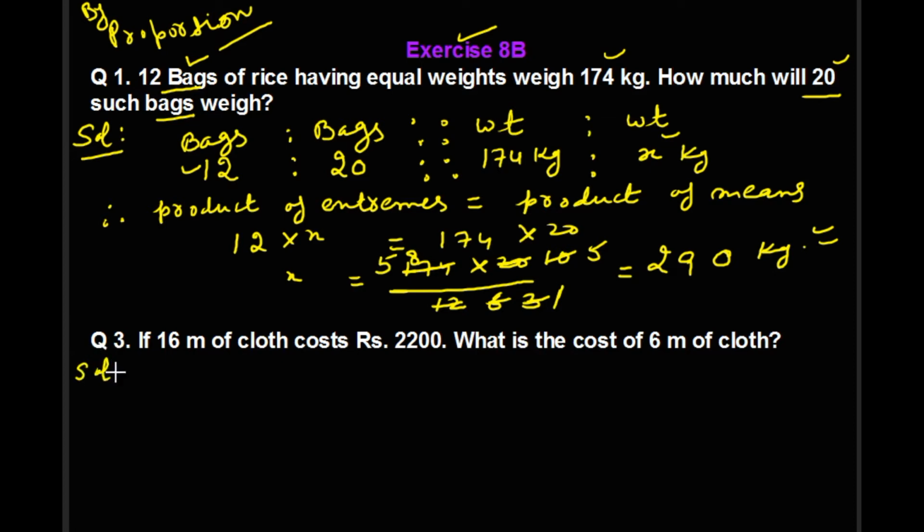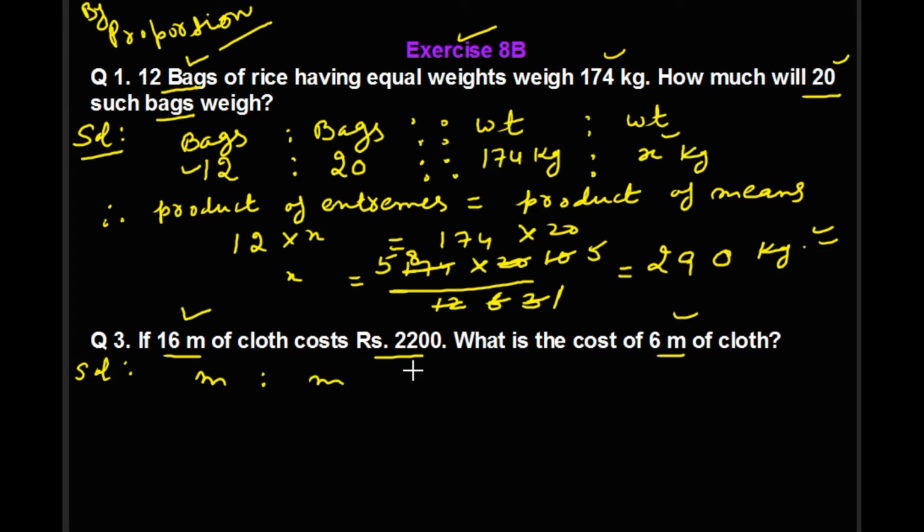Now we will move on to question number 3. If 16 meters of cloth cost rupees 2200, what is the cost of 6 meters of such cloth? So again 16 meters, 6 meters, rupees 2200 are given. The thing that is given two times is meters.